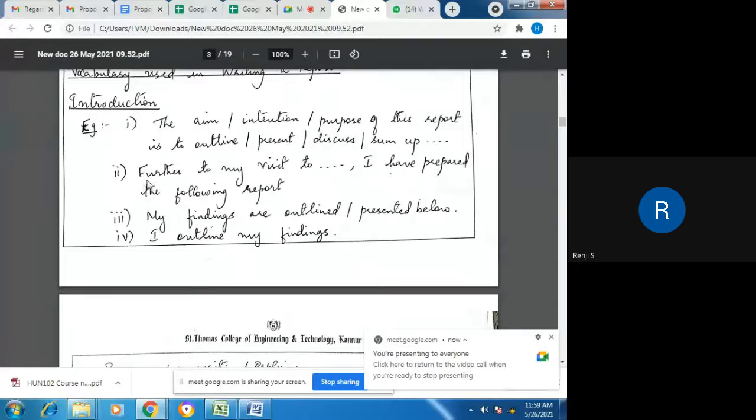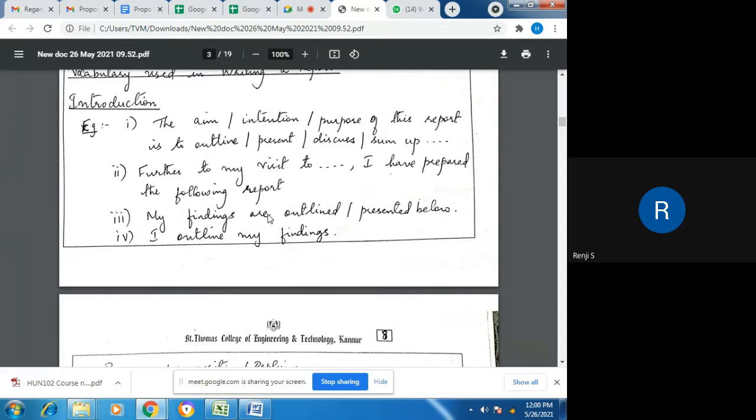Another sentence that you can add is, if you had visited some industry and you want to give information or a report regarding your visit, then you can write: further to my visit to, and then the organization name or the place, I have prepared the following report. Then you explain what your report is.